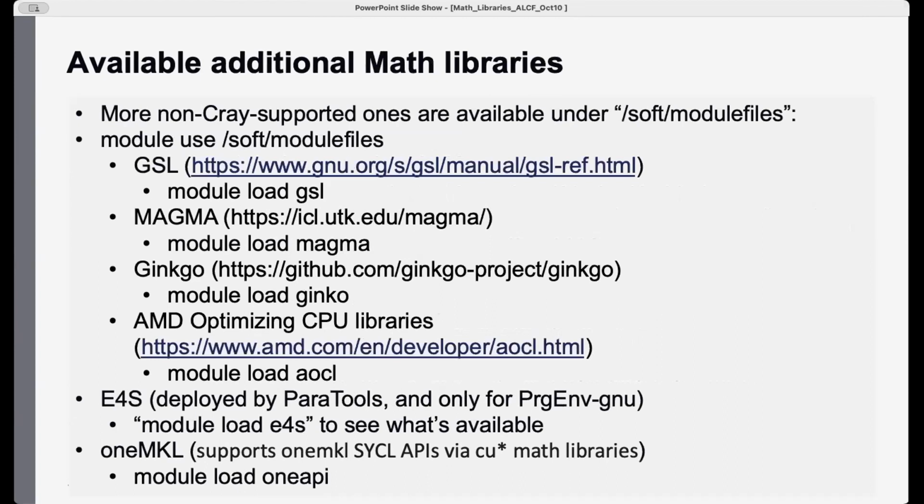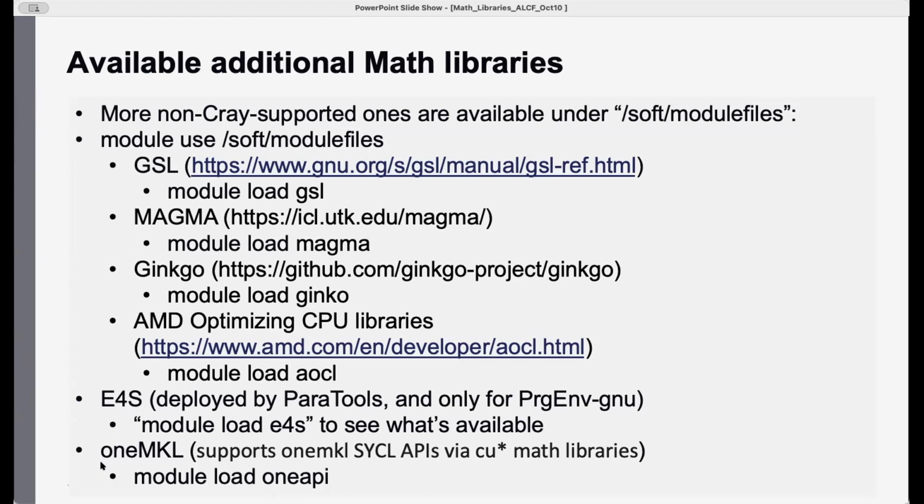Then there are a couple of other non-Cray supported ones that you can find under module use, soft module files: GSL, MAGMA, Ginkgo. AMD also has CPU libraries. This might be worth a try because the CPUs are AMD CPUs.